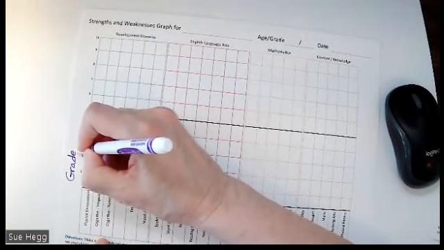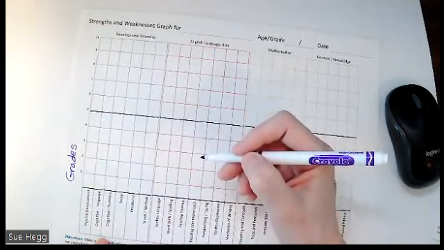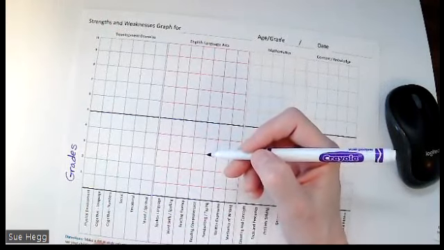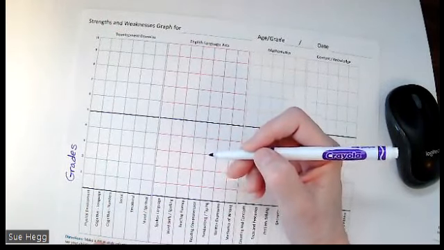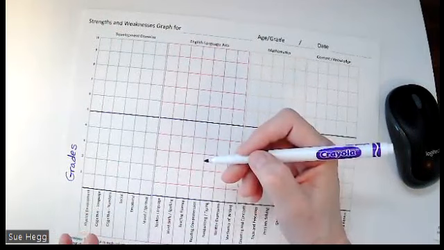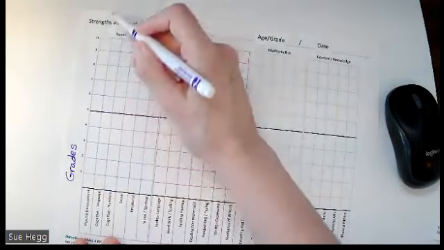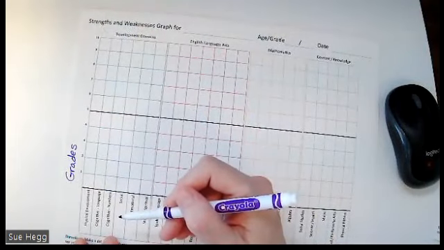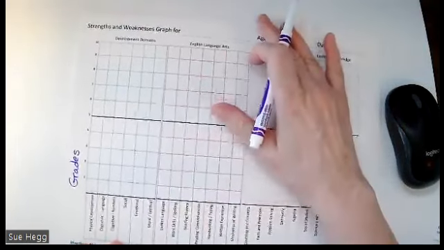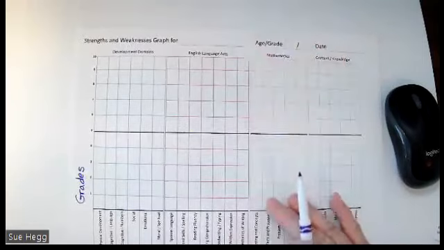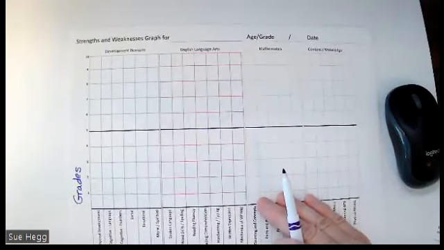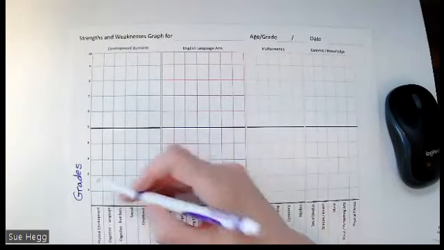things that actually might be measurable so that it's not just my impressions, but I've actually got some kind of foundation for that. So I might look at grade levels. Now this doesn't go all the way to 12th grade, but if your kid's in 11th and 12th grade, most likely you're not looking at this kind of a profile anyway. You're looking at getting them ready to graduate.